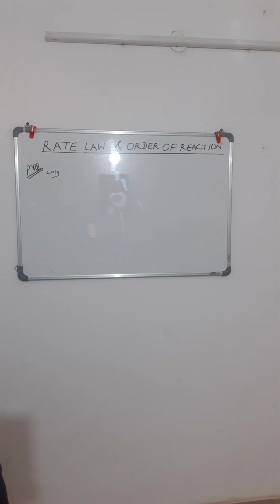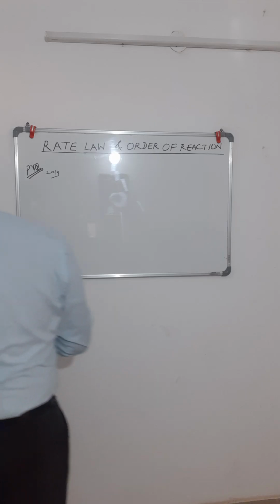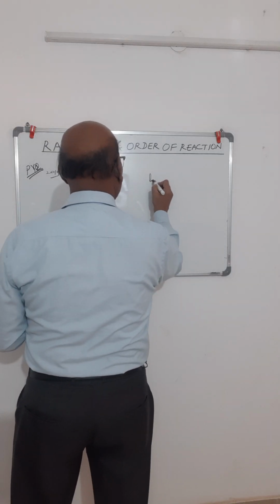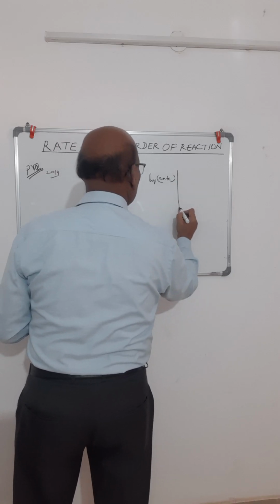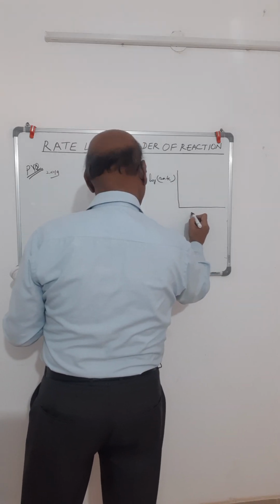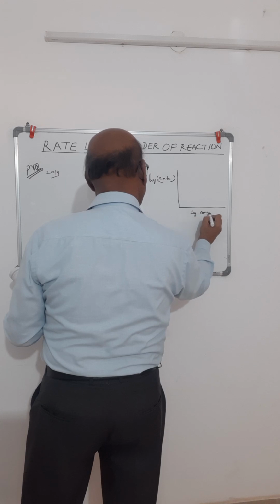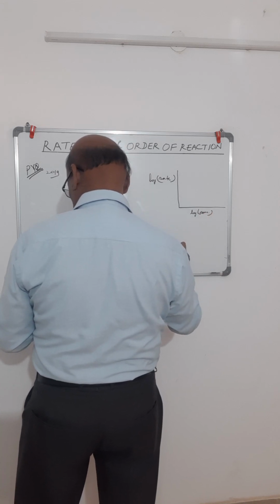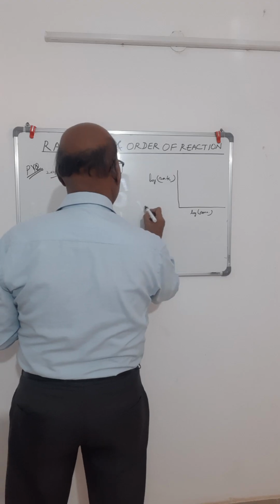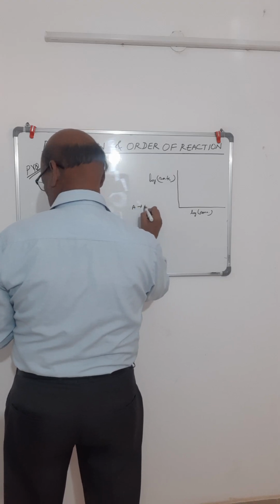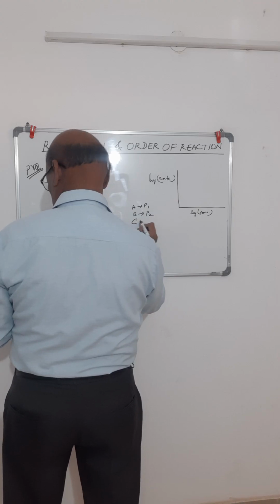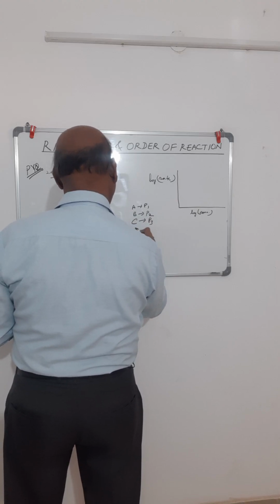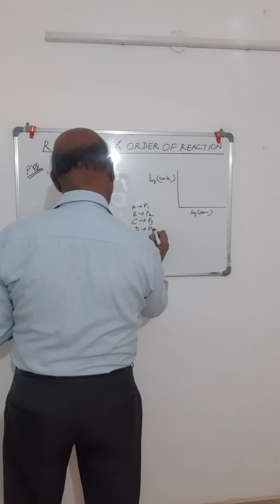Now we take one other numerical where a graph of log of rate versus log of concentration of reactants is given to us for four different reactions: A gives product P1, B gives product P2, C gives product P3 and D gives product P4.